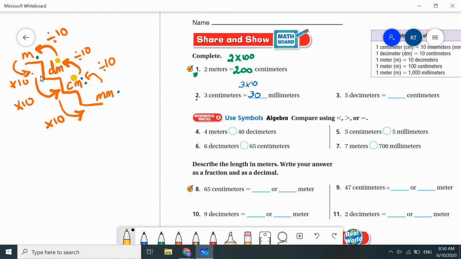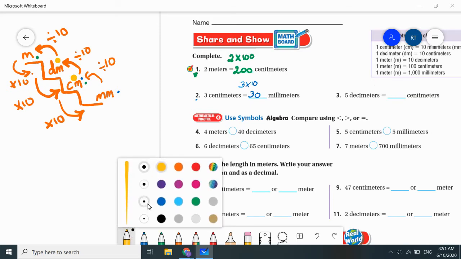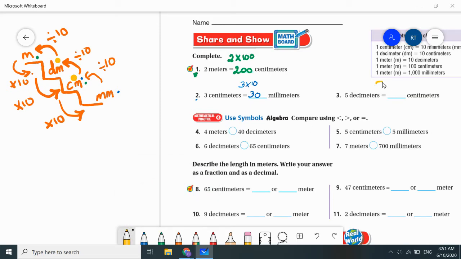So I need to multiply, because larger to smaller we multiply, and it's only one step, so it's only by 10. So here it should be 5 times 10. So 5 decimeter, if you multiply it by 10, you'll get 50, which is equivalent to 50 centimeters.